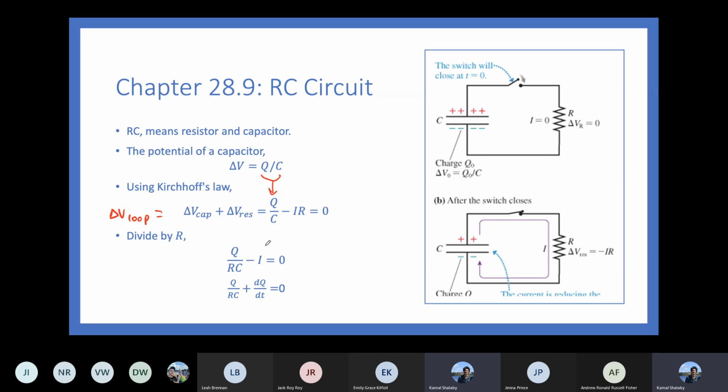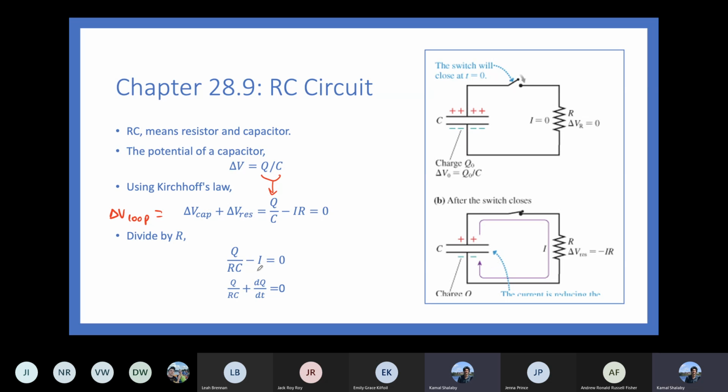This I represents the current going in the circuit, or the current in the resistor, because the capacitor doesn't have any current in it. This is just empty, there's a gap, nothing goes through that. When we say the current, it's just the current in the circuit.